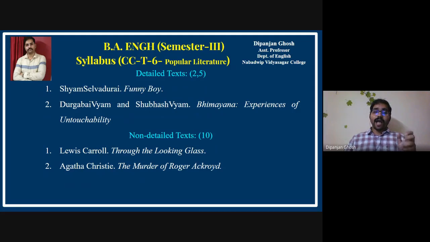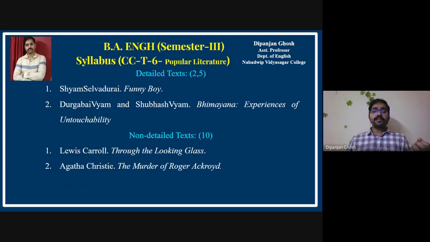But I warn you, don't go through the movie and consider that you have read Through the Looking Glass, because there is a vast difference between Through the Looking Glass, the novel, and Through the Looking Glass, the movie, right? So for the non-detailed section, you must buy Through the Looking Glass from Amazon, or maybe from any site, or from the market, and the text will obviously help you to answer in detail.